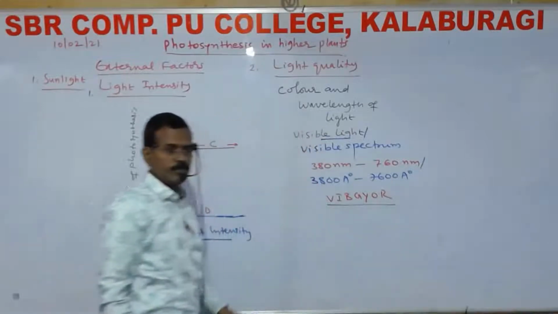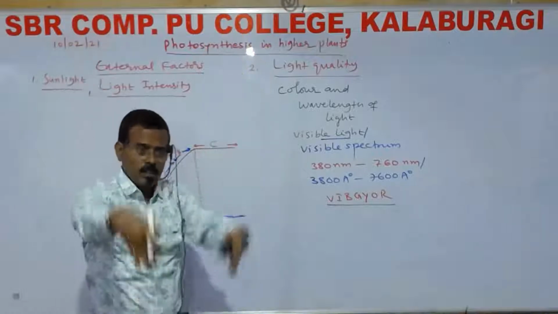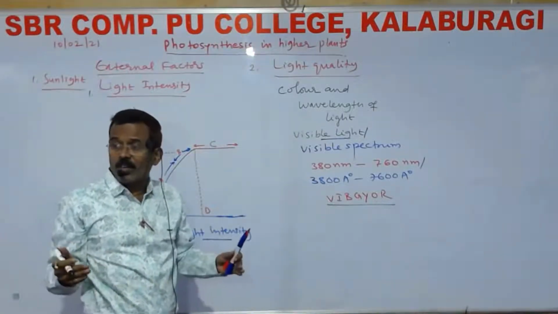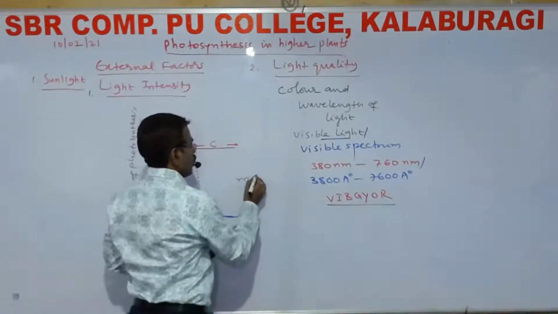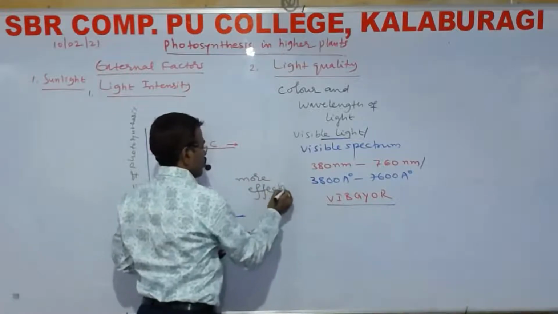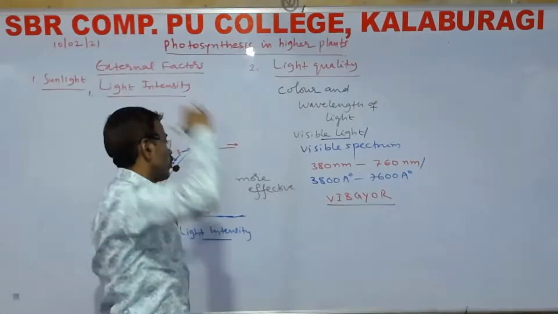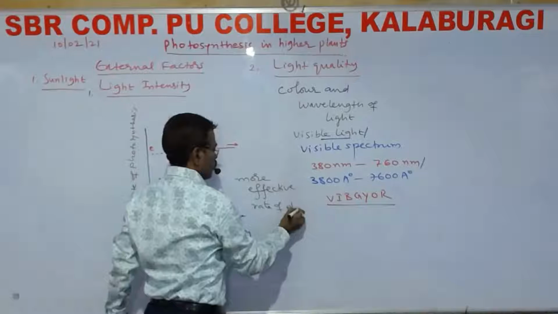So when the visible light falls on the plants, which color, which wavelength of light is more effective in increasing the rate of photosynthesis?